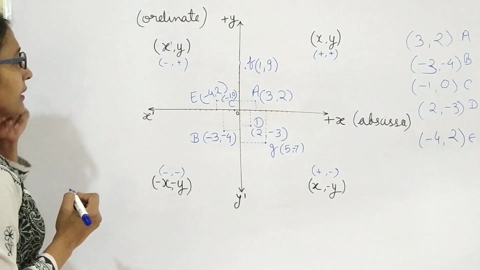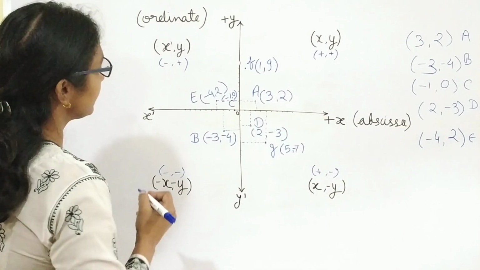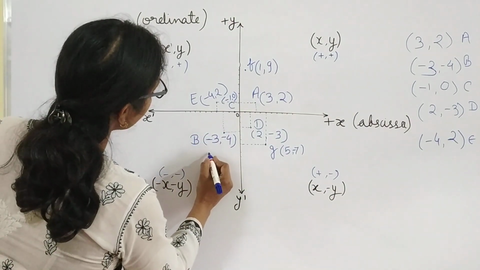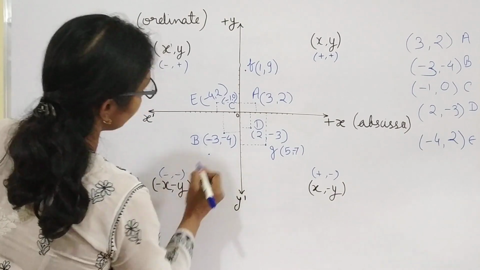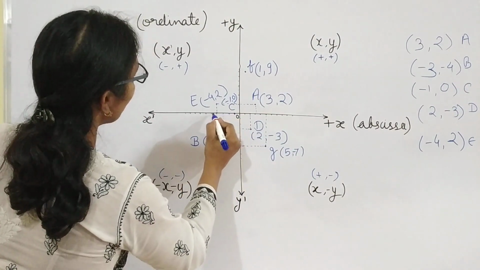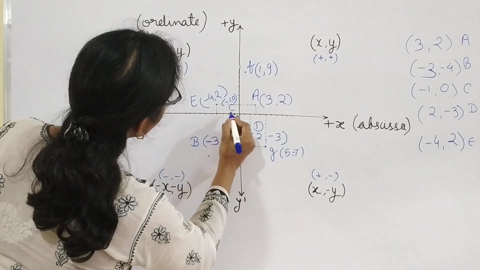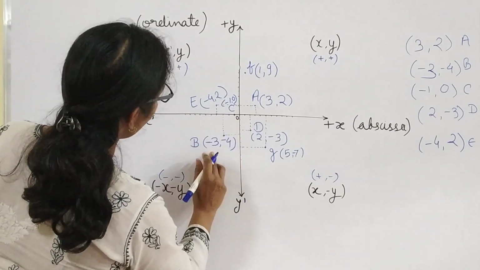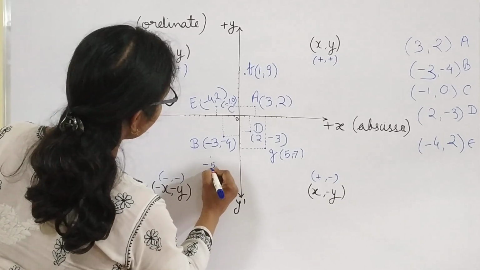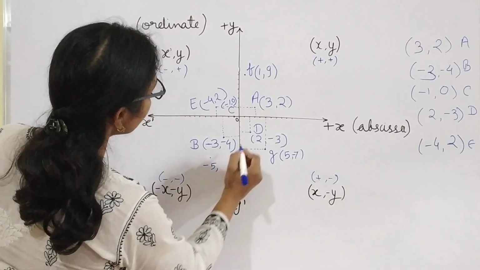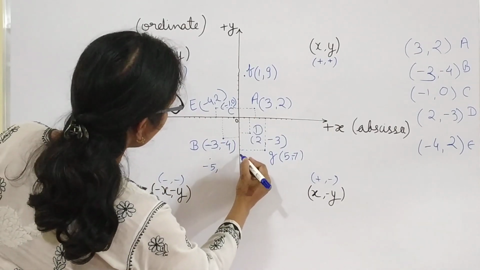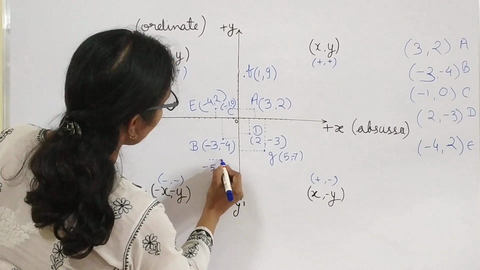Now another example: if one point is given here. So 1, 2, 3, 4, 5, 6. 1, 2, 3, 4, 5. So -5 and then -7, -8, -9.